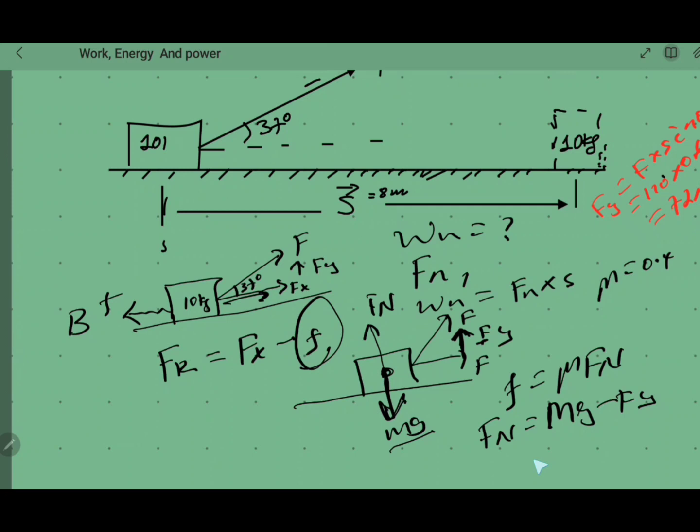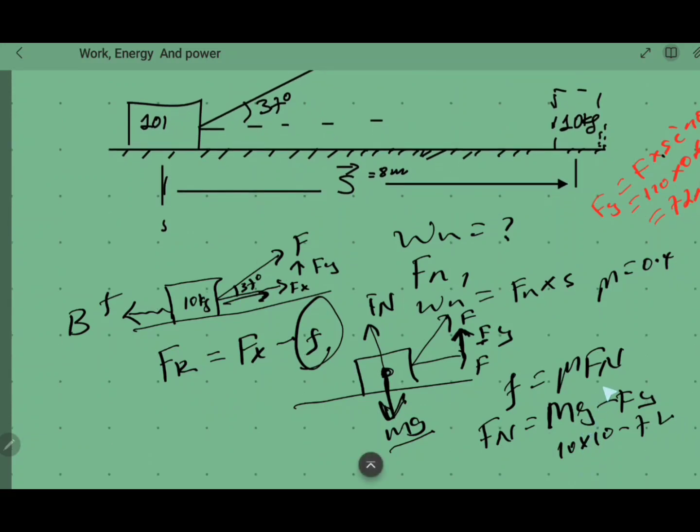The weight mg is 10 times gravity 10, which is 100 Newton. So the normal force is 100 Newton minus 72, so the normal force is 28 Newton.